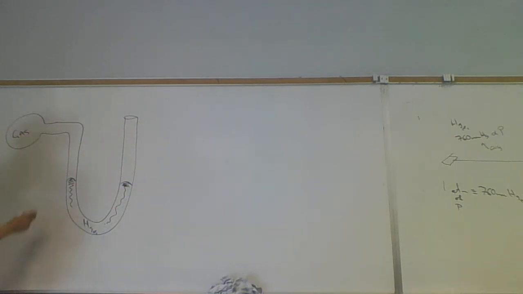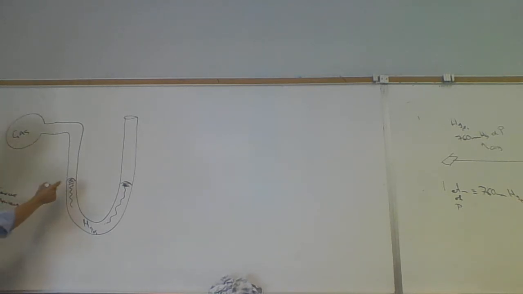One thing you should notice about liquid mercury is that mercury hates glass. Water loves glass, so water tends to climb up the sides because it wants to maximize its contact with glass. Mercury hates glass, so it tries to curl up and stay away from the glass. And so water forms a concave meniscus, and we read it from the bottom.